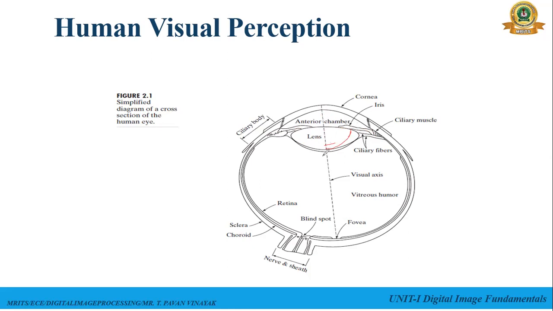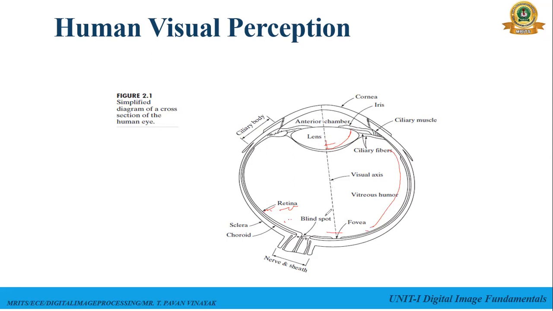Next one, an important layer, is retina. So what is the use of retina? The innermost membrane of the eye is retina. Whatever light is focused on the lens gets reflected on the retina only.